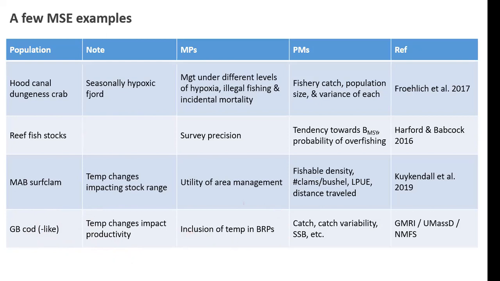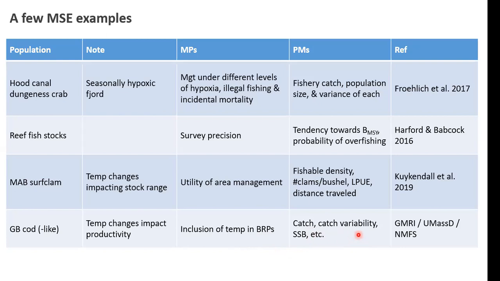We were looking at different ways that, if we included temperature in developing the biological reference points, how that might change the performance of the population and the performance of the fishery over time. We were interested in catch, variability in catch, and spawning stock biomass.